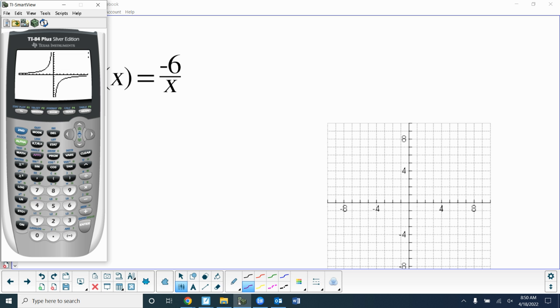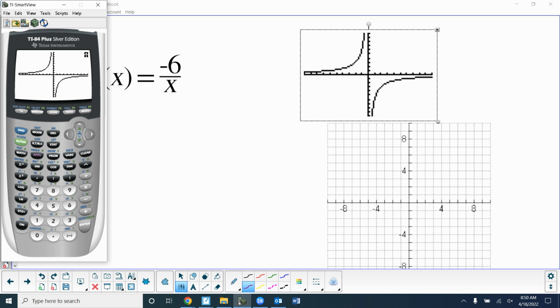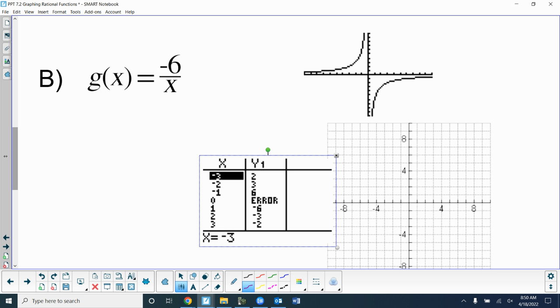Yeah, so it just switched the 2 quadrants. Our 2 branches are in the second and fourth quadrant now when our numerator is negative. And then again, if you need to see your table of values, hit second graph for your table. Same asymptotes, same domain and range.